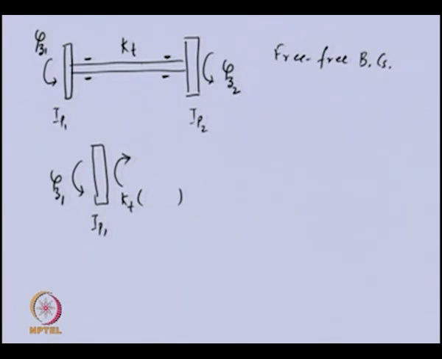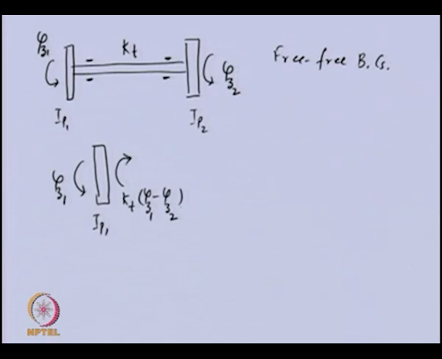So, that is KT times (phi z1 minus phi z2). So, this is the free body diagram of disc 1.